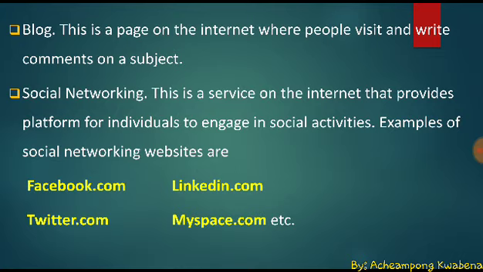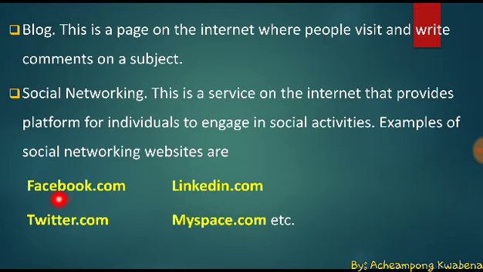Now the next one, we have social networking. When we talk of social networking, this is another service on the internet that provides a platform for individuals to engage in social activities. So we have some examples of social networks over here.